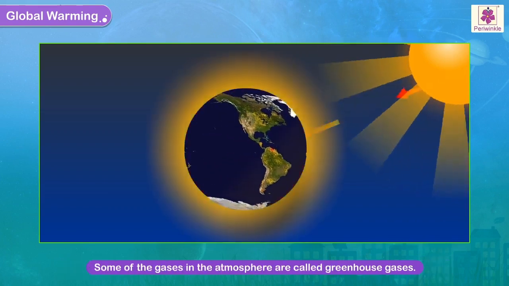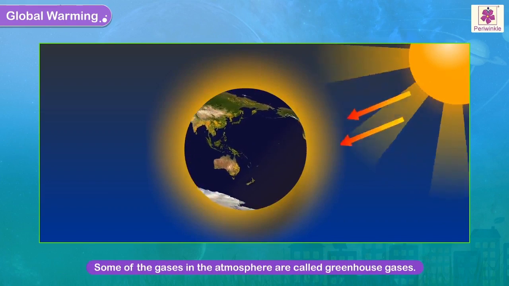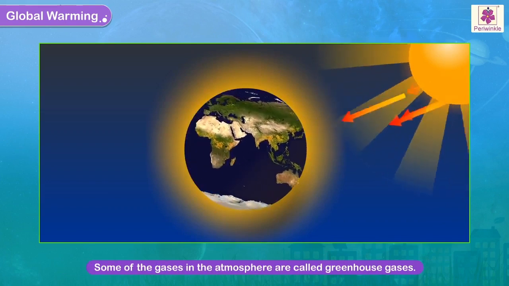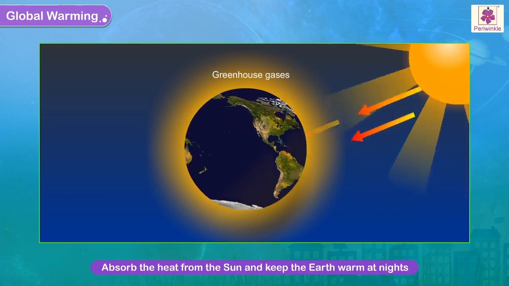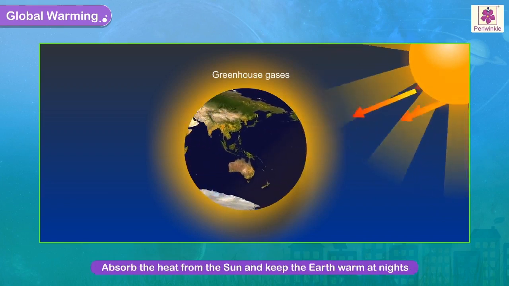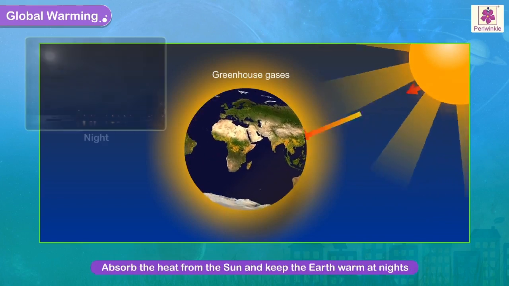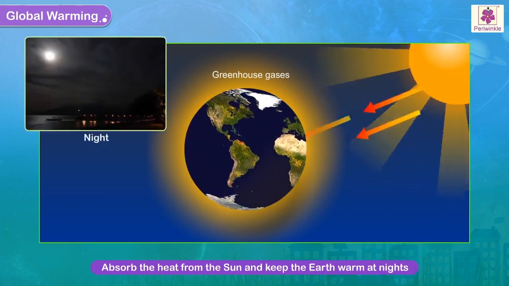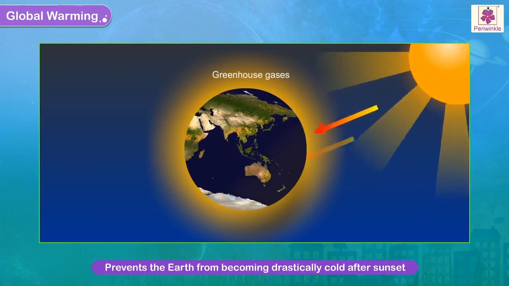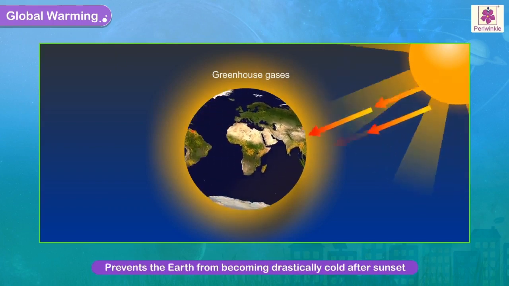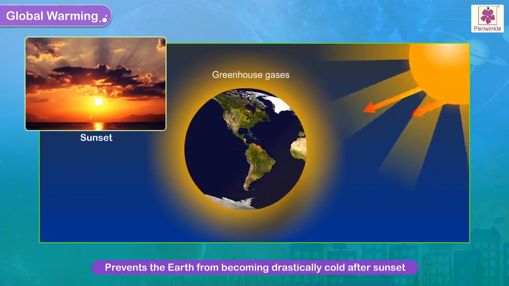Some of the gases in the atmosphere are called greenhouse gases. They absorb the heat of the sun and keep the earth warm in the nights. This prevents the earth from becoming drastically cold after sunset.